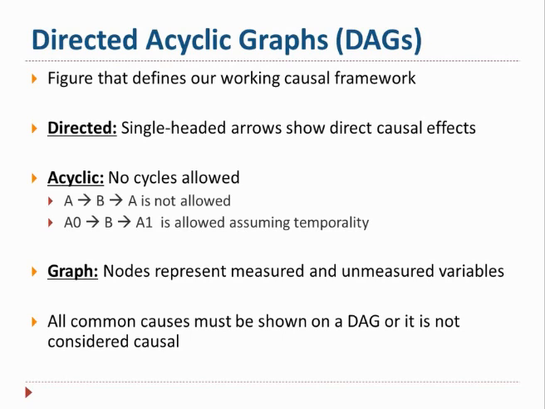So your childhood BMI may affect your age at menarche, which then could also be associated with your adult BMI. So you can show some temporality on the DAGs in that way. And there will be lots of examples of what these actually look like, but each node represents measured or unmeasured variables. And all common causes must be shown on a DAG or it is not considered causal.